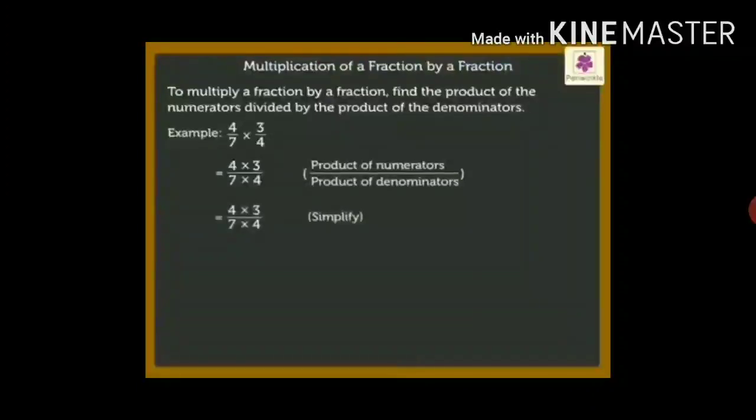Let us take an example. 4 upon 7 into 3 upon 4 is equal to 4 into 3 upon 7 into 4. Further, simplify by reducing 4 from the numerator and denominator. Thus, we get 1 into 3 upon 7 into 1, which is equal to 3 upon 7.